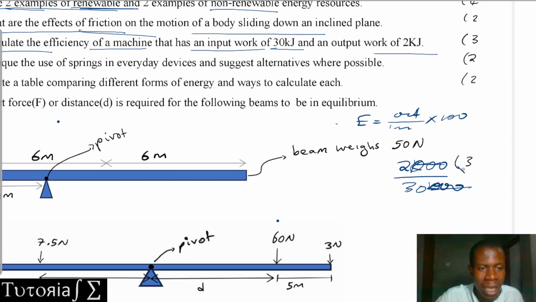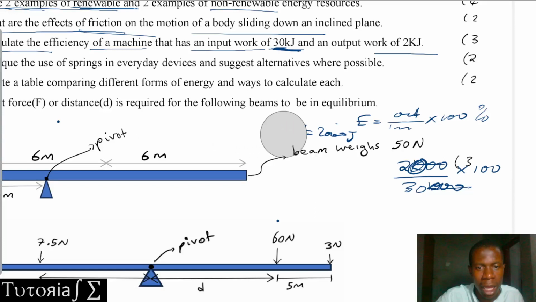All right, so this has to be multiplied by 100, and we have a percentage here. So we simplify. 30 kilojoules is basically 30,000 joules. Okay, and 2 kilojoules is basically 2,000 joules.